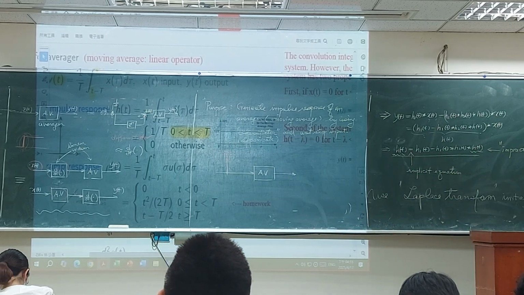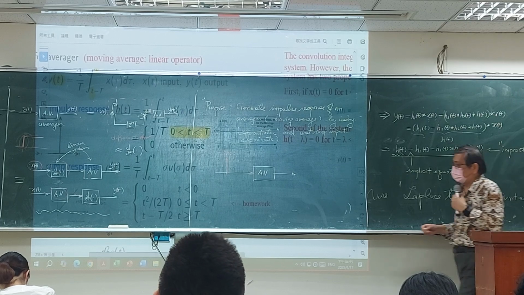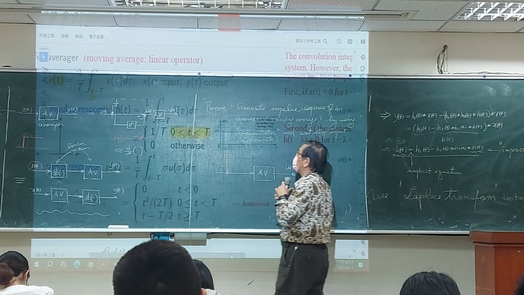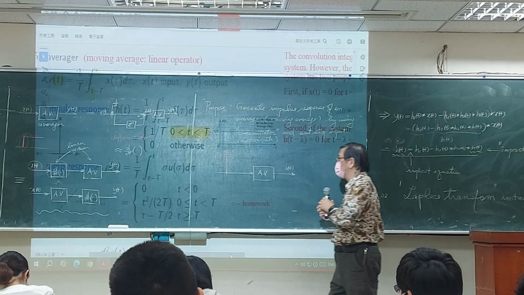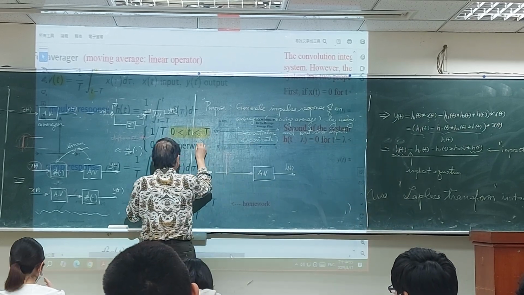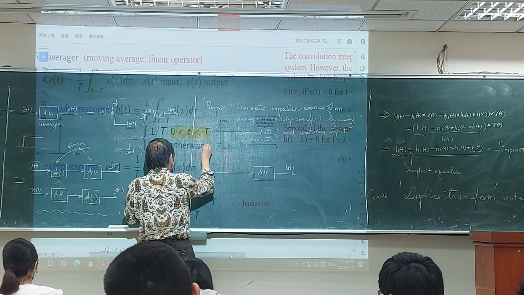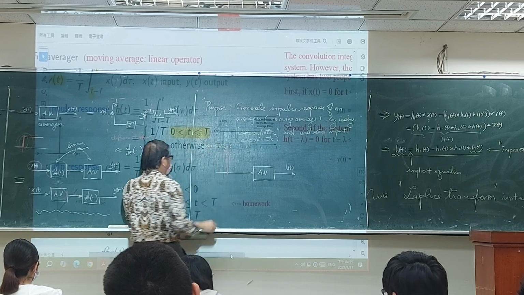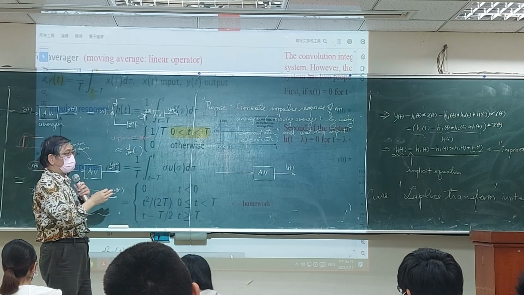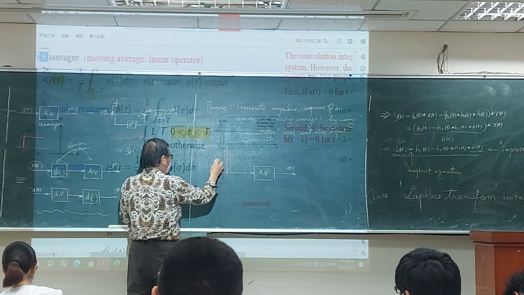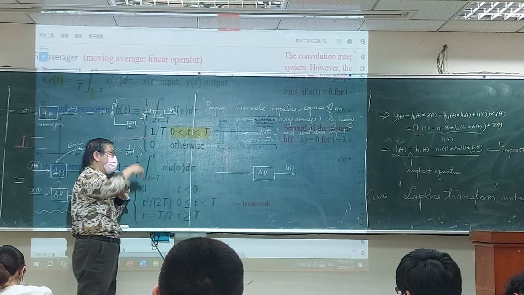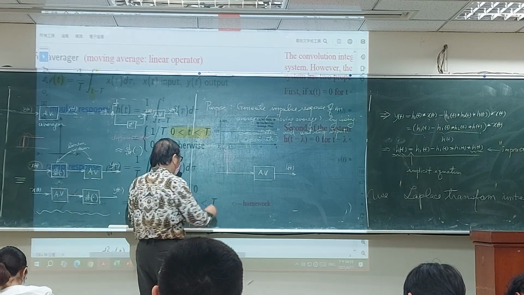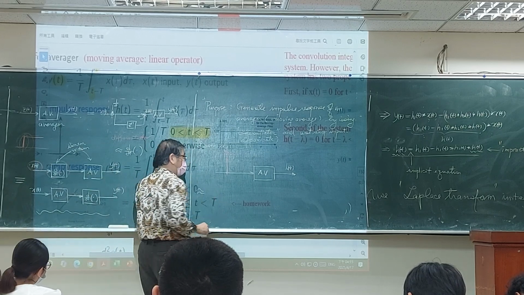Individual key. Very good. But this is very difficult to generate because we need infinite amplitude of the signal. So instead, we use this to approximate.